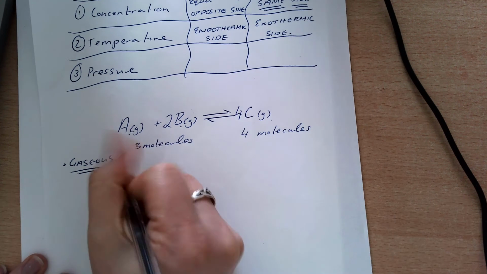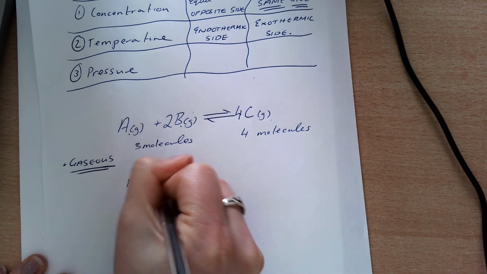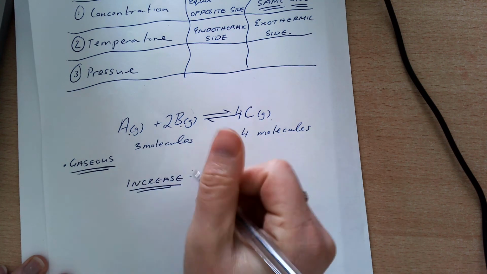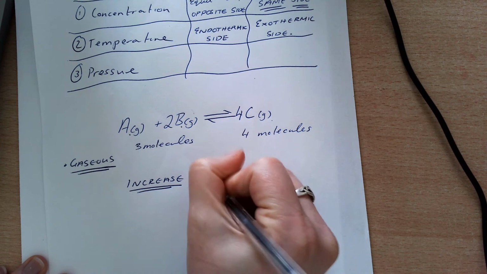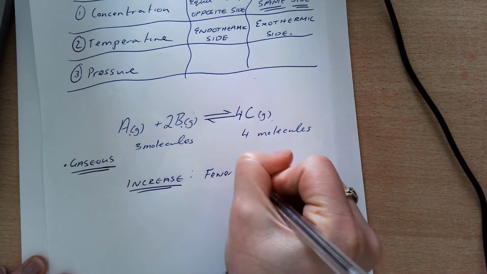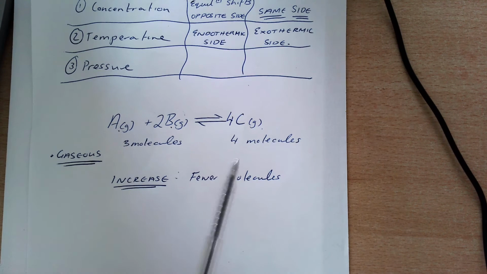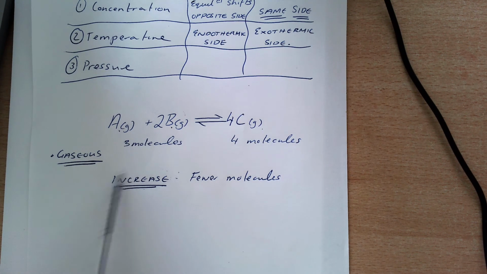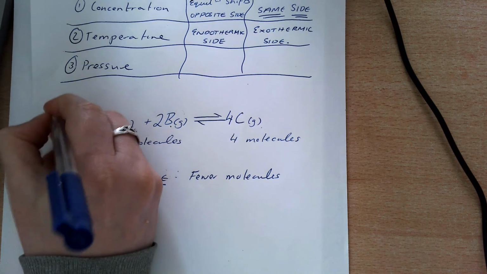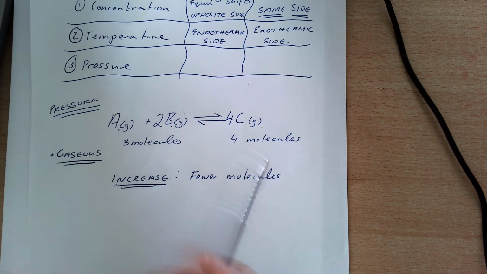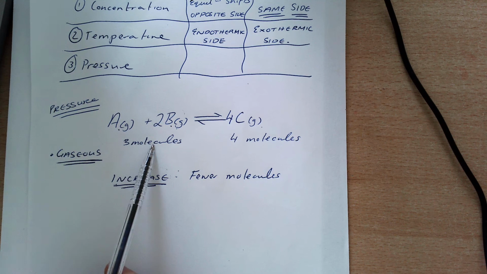Okay? If I increase the pressure, it always favours the side with the fewer molecules. So equilibrium will always shift to the side with fewer molecules. So in this case, if I increase my pressure, it's going to favour the left hand side, so equilibrium will shift left.